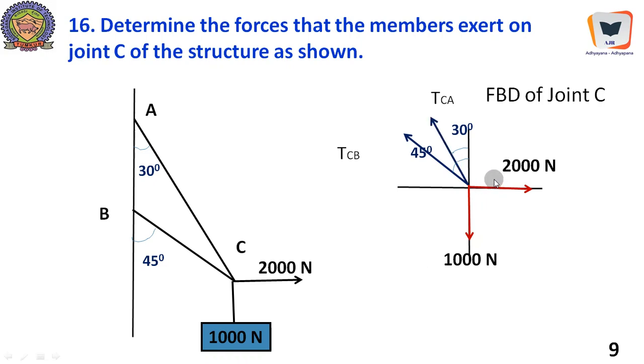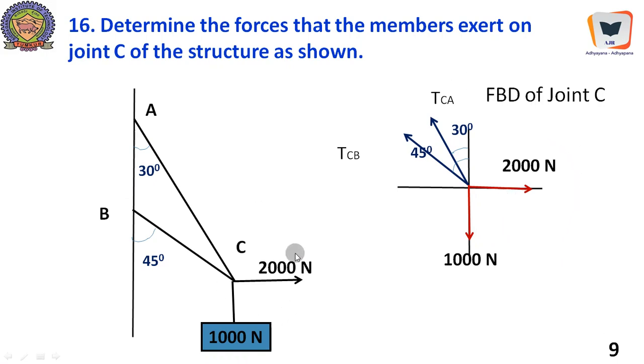Therefore, with that assumption, we have drawn the internal force in CA to be tension, TCA, and the internal force in CB to be TCB, also assumed to be tension. It makes an angle of 45 degree with respect to vertical, and this makes an angle of 30 degree with respect to vertical, and these two red forces are active forces.